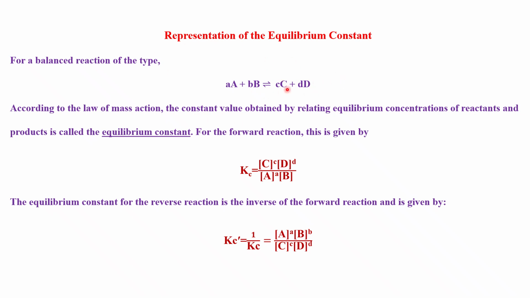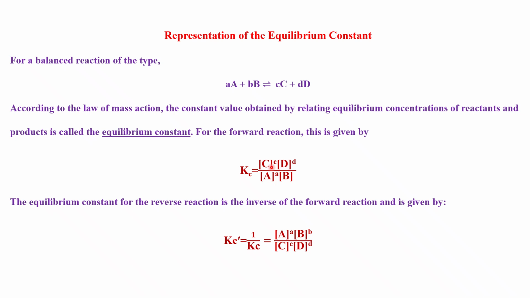According to the law of mass action, the equilibrium constant is written with the coefficients, for example the number of moles of reactant and product, as powers. For the forward reaction, Kc equals concentration of C to the power c times concentration of D to the power d, divided by concentration of A to the power a times concentration of B to the power b.